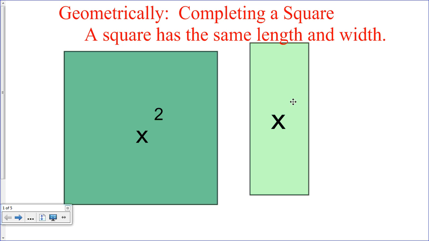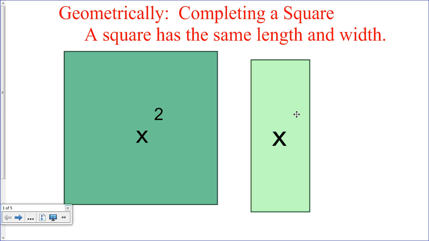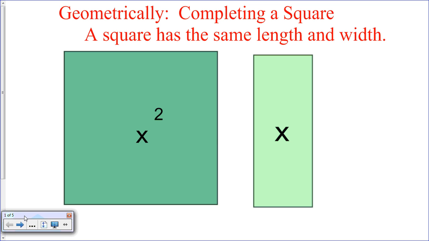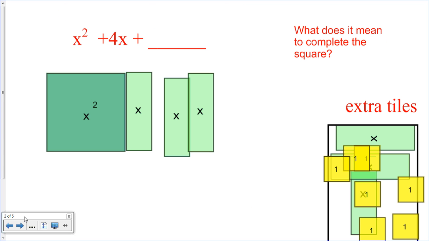This tile here is going to represent all our x's, okay? So if I have 5 x's, I'd need 5 of these, all right? So we have our puzzle pieces, and we're going to get started with putting them together to form a square.